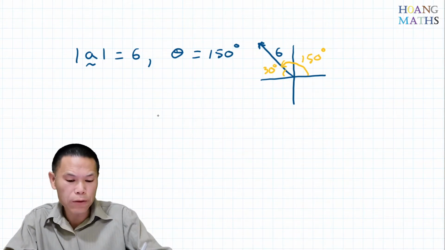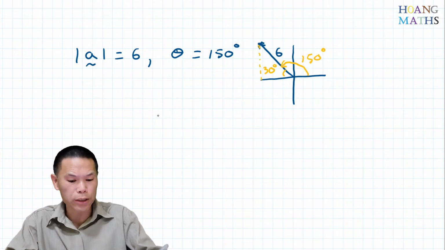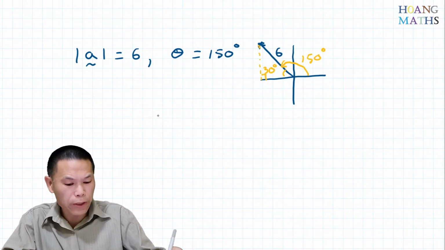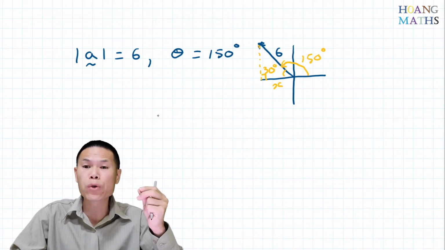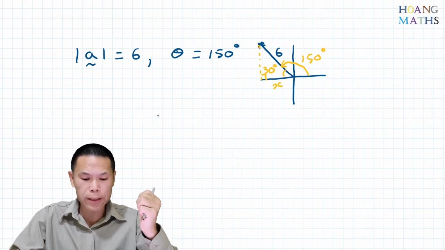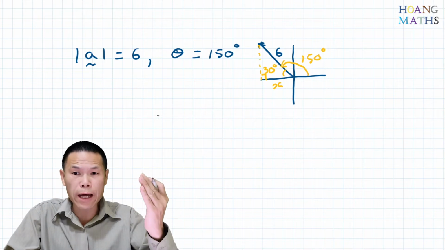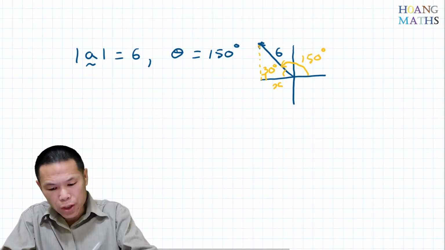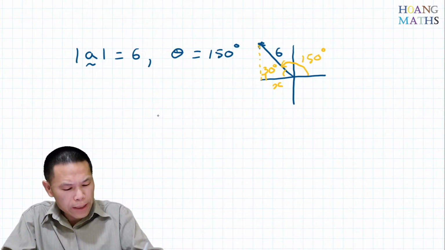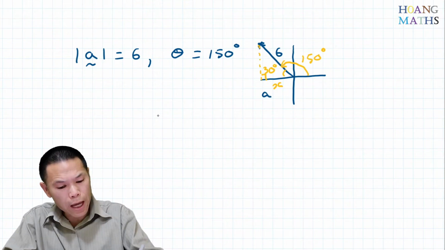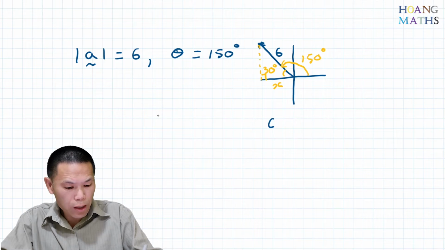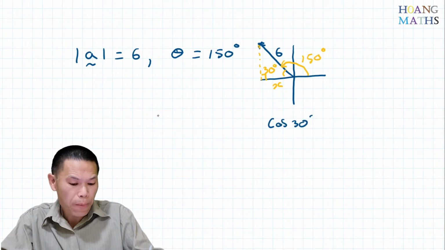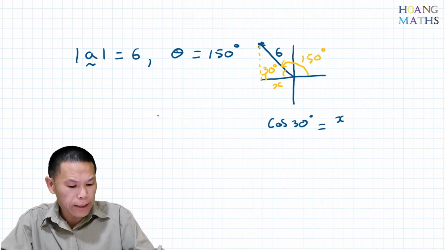Now we just need to find the I and J components. This is a right angle triangle here. Let's say we want to find x. Because in this quadrant x is negative, we just work out the magnitude first. For x, we have adjacent and hypotenuse, so it's cos. Cos of 30 degrees is equal to adjacent, that is x, over hypotenuse, which is 6.